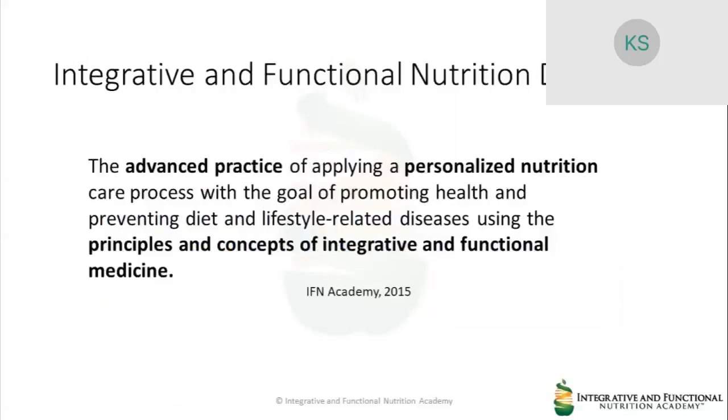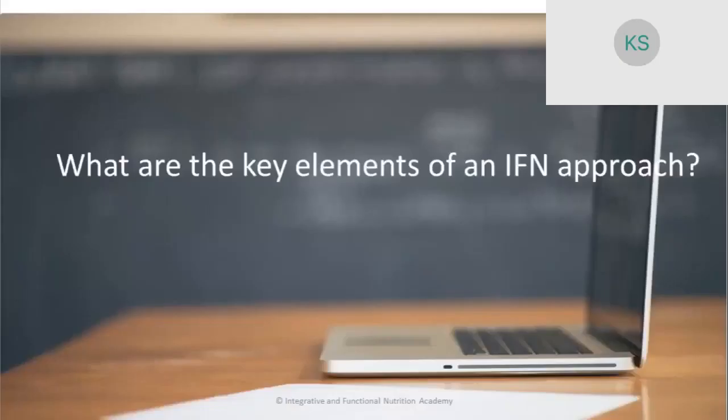So how is this defined? How do we define integrative and functional nutrition? Well, we define it as the advanced practice of applying a personalized nutrition care process with the goal of promoting health and preventing diet and lifestyle-related diseases using the principles and concepts of integrative and functional medicine.